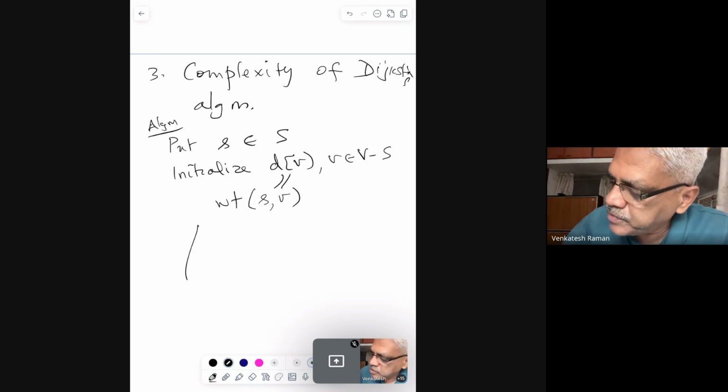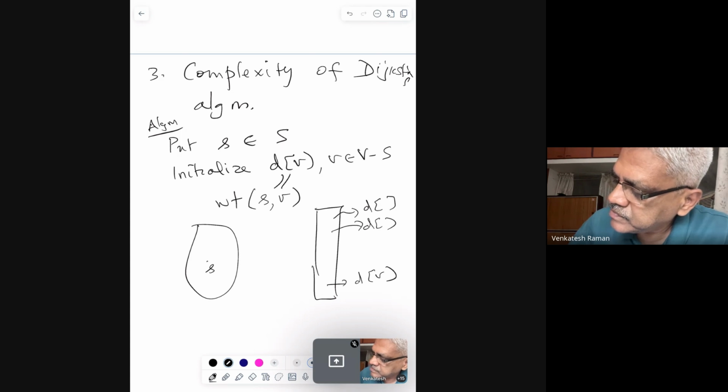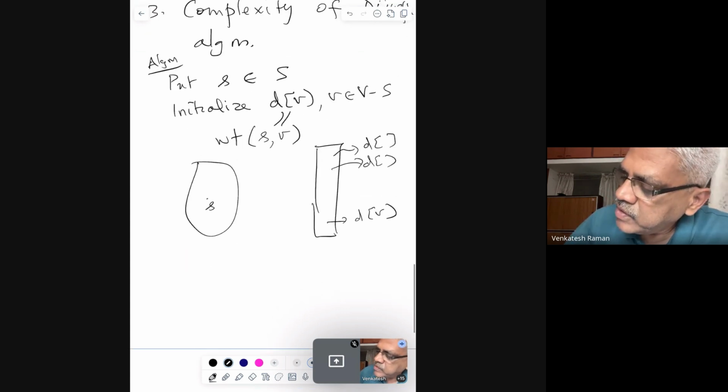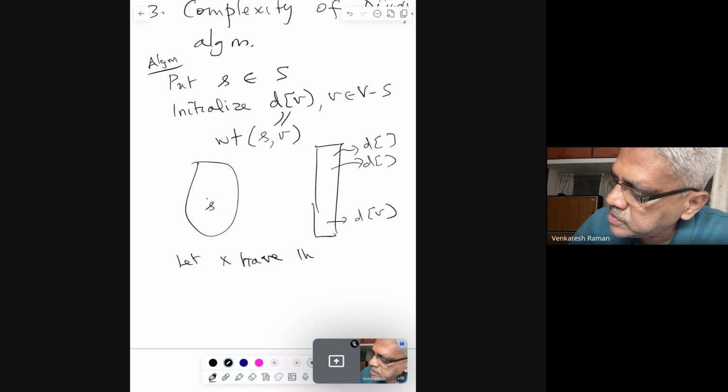Okay, so pictorially, I have the set S here, and then for every vertex outside, I initialize a distance. And then let x have the minimum distance.